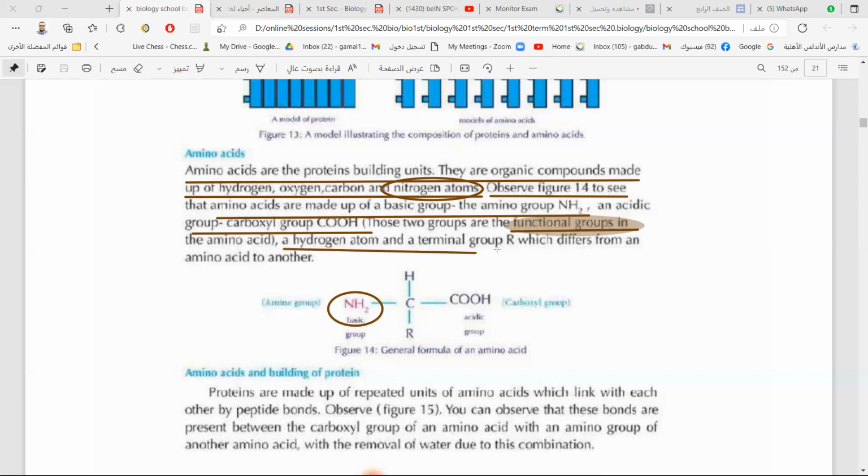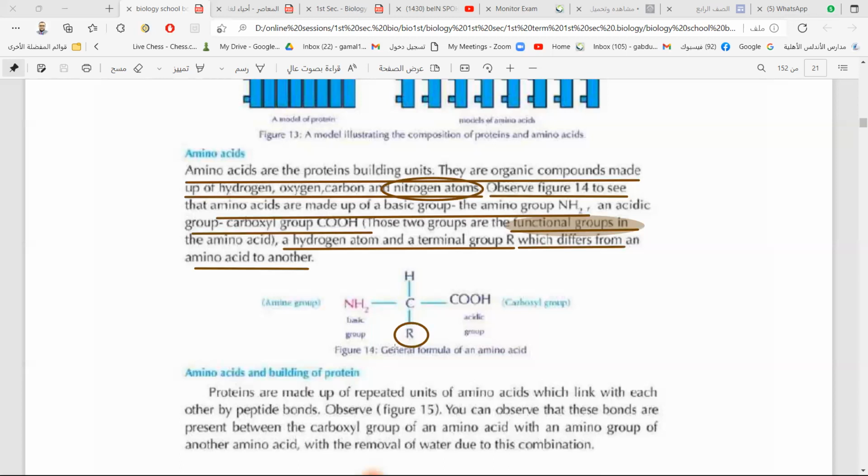The hydrogen atom is a terminal, and the alkyl group is different from one amino acid to another. So the difference between one amino acid and another is not in the amino group, not in the carboxyl group, not in hydrogen, and not in carbon, but in the alkyl group.